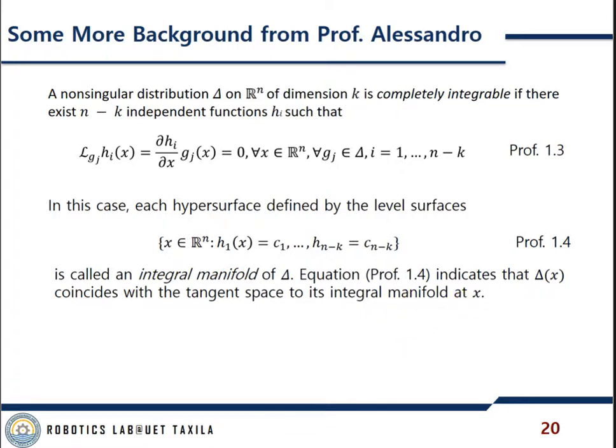So it means that the accessibility distribution delta of x coincides with the tangent space of the integral manifold at x of the accessibility distribution.